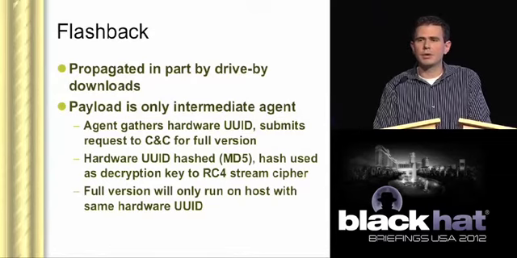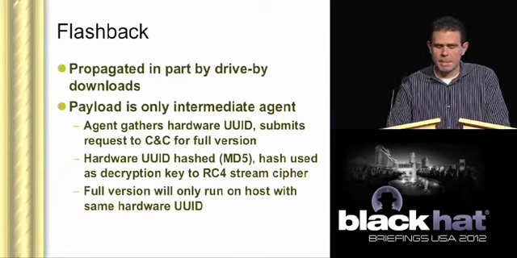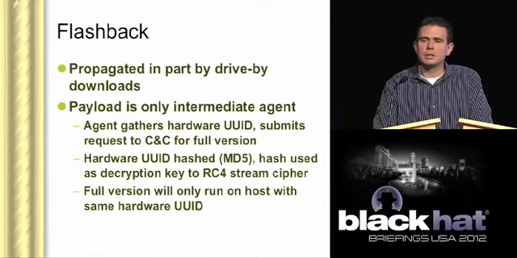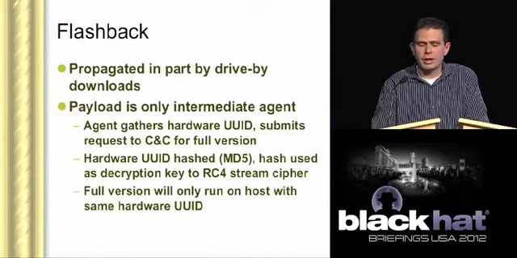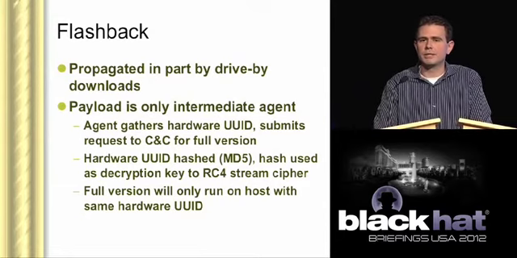And by the way, the hardware UUID, which is available via a Mac OS X API, uniquely identifies a particular Apple device, like the laptop from which I'm presenting. So it would take the hardware UUID, hash it, and use the MD5 sum as a decryption key into an RC4 stream cipher that would effectively bind the full Flashback version to the particular host that was compromised.